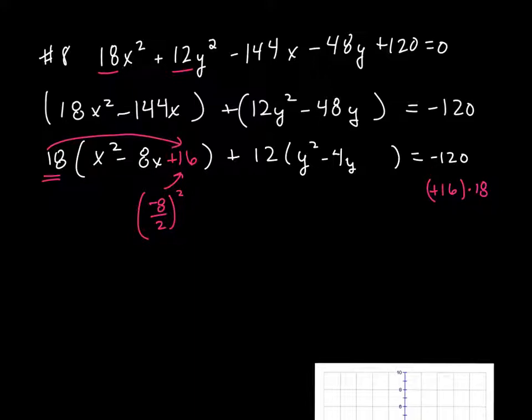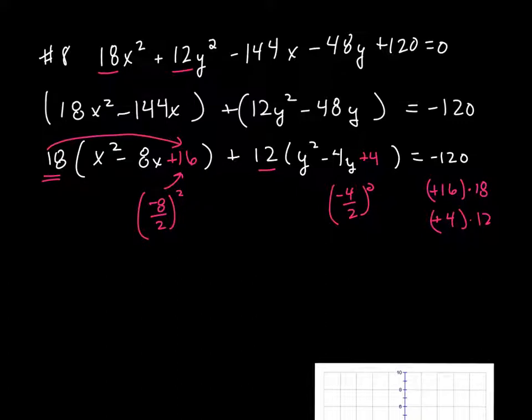I do the same thing over here for the y piece. That's negative 4 divided by 2. I square that, and then I add 4. But again, I'm not really just adding 4. I'm adding 4 times 12 on the other side. Now let's look at what I have.